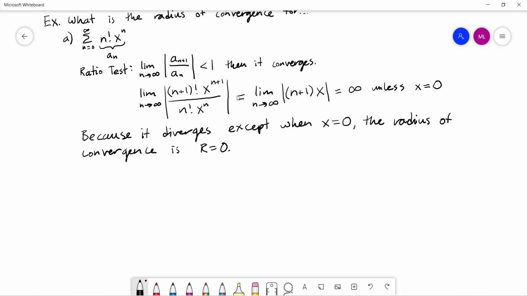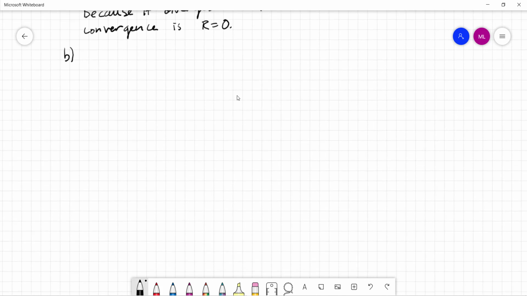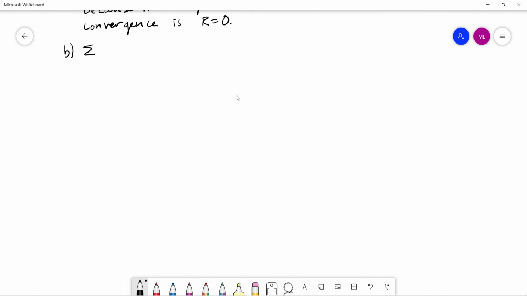Okay, let's do another one and see how this goes. So part B, let's try a different one. Let's do the sum from n equals 0 to infinity of (x minus 3) to the n over n.